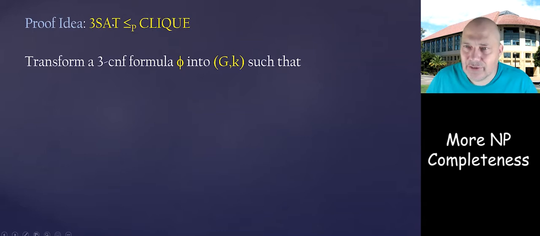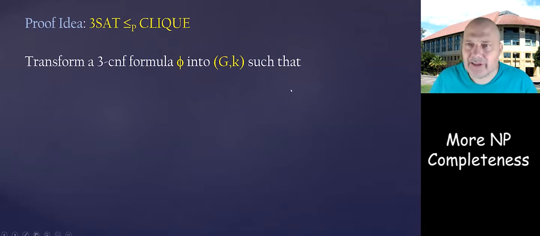So this is just an intuition that it is harder, but this is the way I remember and I hope it will help you. Then you need to say, okay, if you take a problem from here, transform it to here, what does a problem here look like and what does a problem here look like? So an input for 3SAT is a formula, an input for clique is a graph and an integer. So this means that we need to transform a 3CNF formula phi to a graph and an integer, (G, K).